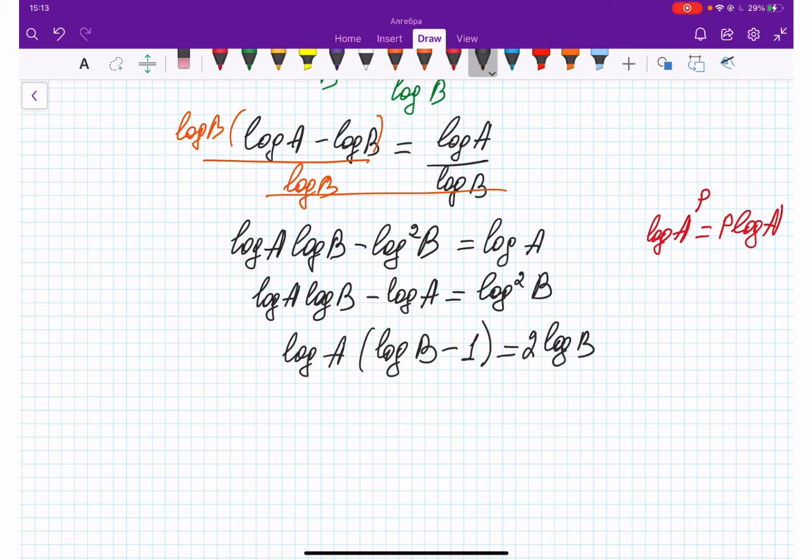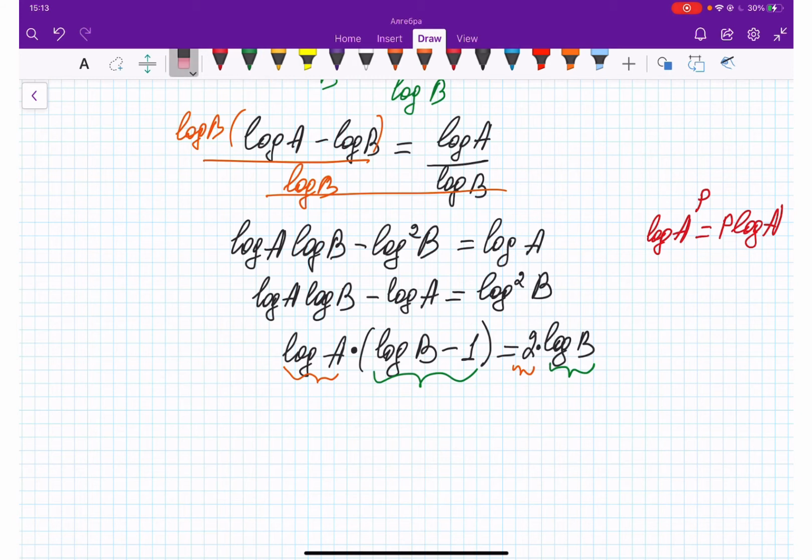Okay, so from here, what does that mean? Here we have a product, here we have a product. That means for this equal sign to be valid, either log a is equal to 2, and log b equals log b minus 1, which is nonsense. Log b can never be equal to log b minus 1.